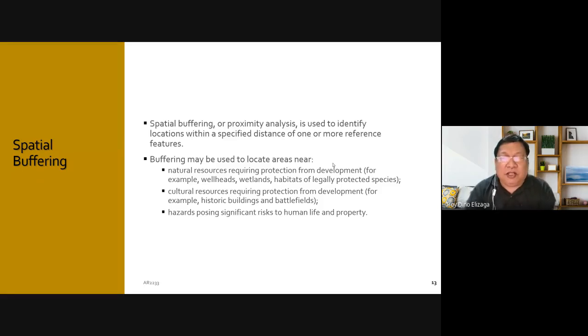So you have a cultural building, an old building, and you're not supposed to build near it. There might be a regulation from the municipality that tells you to build not less than 10 meters from these structures. Or hazards posing significant risks to human life and property. We're familiar with flooding. In the river, especially if the whole property is flat, we expect that if the water level rises, there will be flooding.